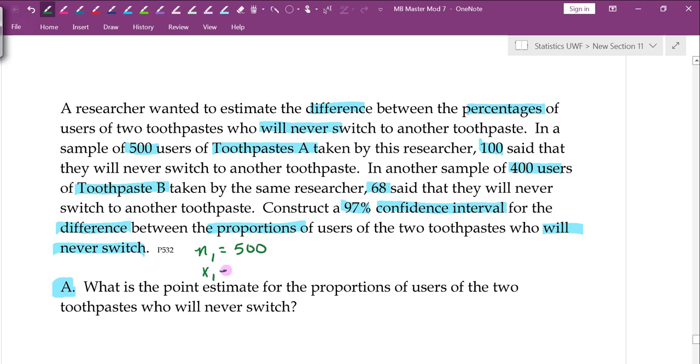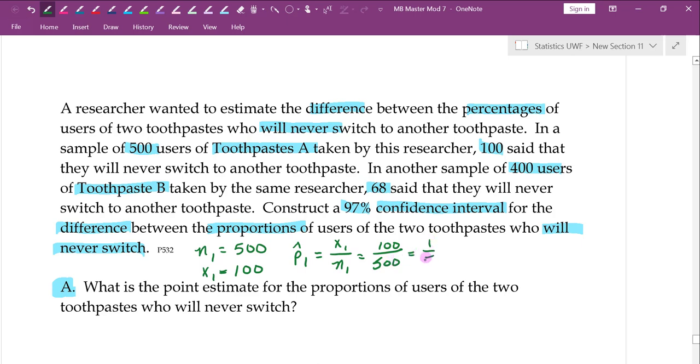In other words, 100 people said they will never switch. I use these two numbers to get my estimate of the proportion that will never switch. So it would be X1 divided by N1, which is 100 divided by 500, which is 1/5.